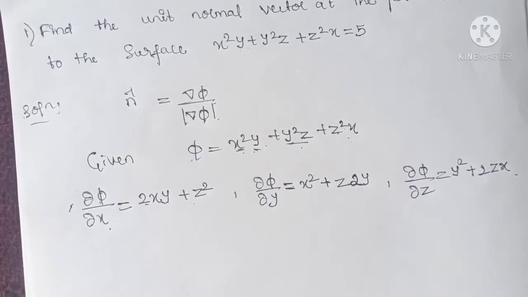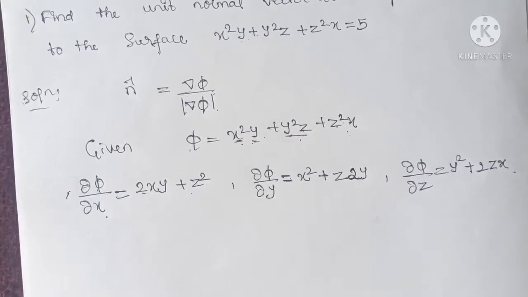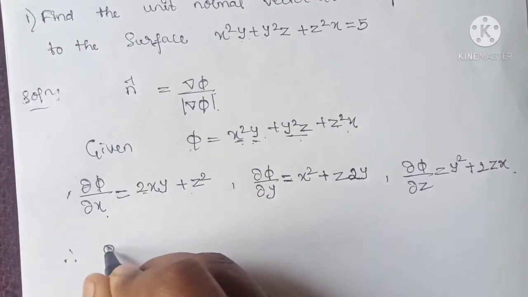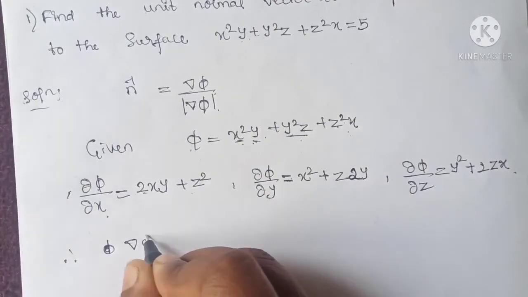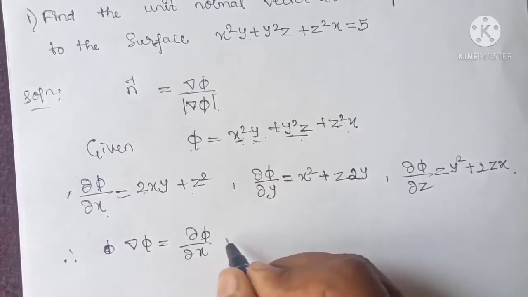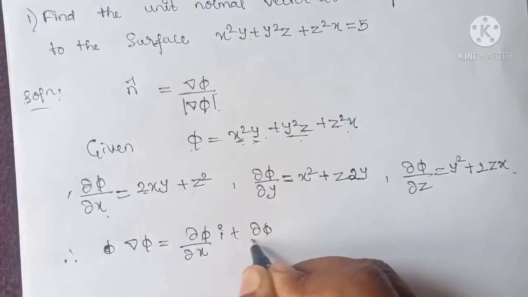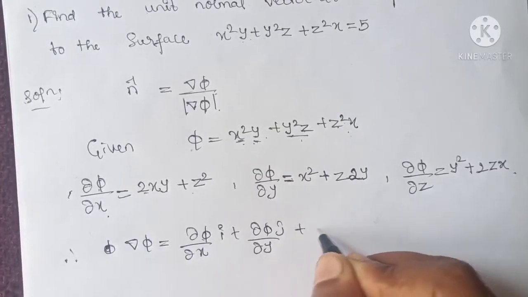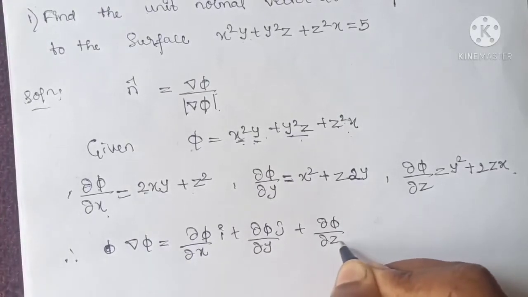Now we have all the three partial derivatives, therefore del phi can be written as dou phi by dou x into i plus dou phi by dou y into j plus dou phi by dou z into k.